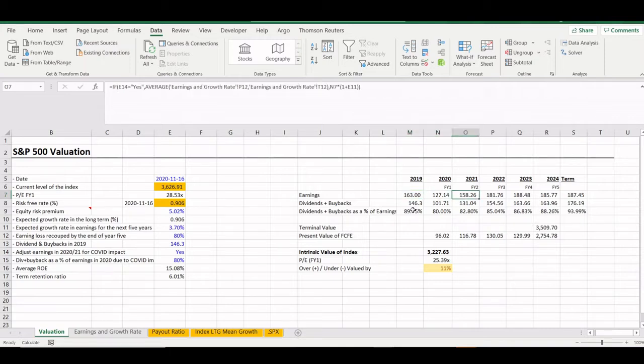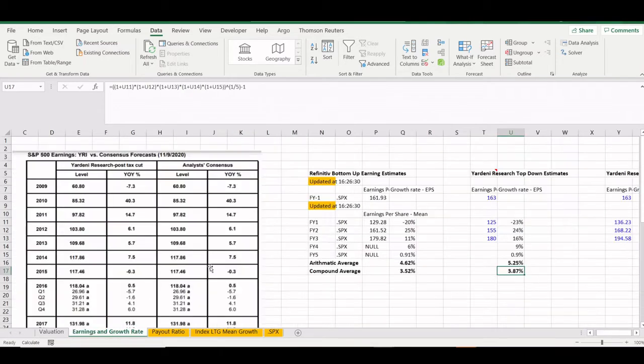For 2020 and 2021, there are analysts that forecast these values from a bottom-up perspective and also a top-down perspective. In this case, we're using Yardeni Research and Refinitiv bottom-up approach, and we have the values for fiscal year 1 and forward years 1 and 2, which is 2020 and 2021.